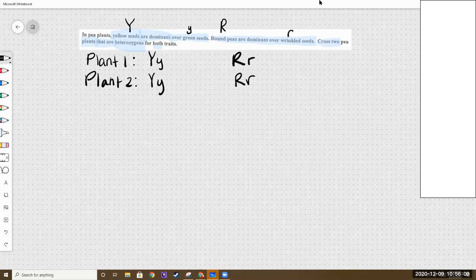Remember, the reason I know this is because it tells me it's hetero for both. So then what I'm going to do is do my Y's in the box and then do my R's in the box.